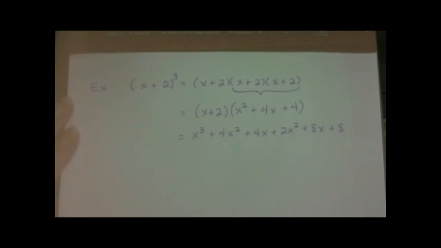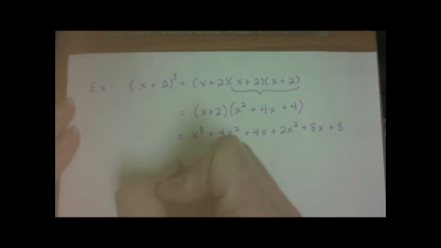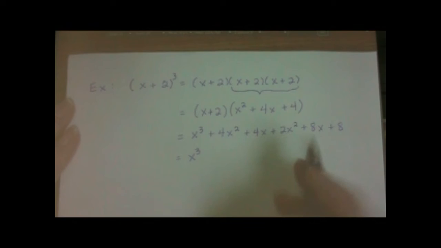And now what I'm going to want to do is combine like terms. So I've got an x to the third, I've got 4x squared and 2x squared that gives me 6x squared. I've got a 4x and an 8x, which gives me plus 12x, and then plus 8.